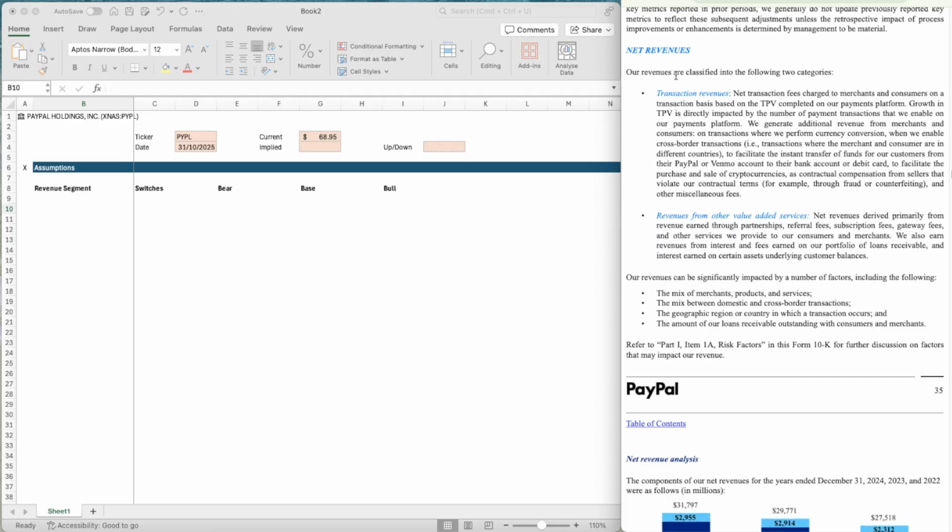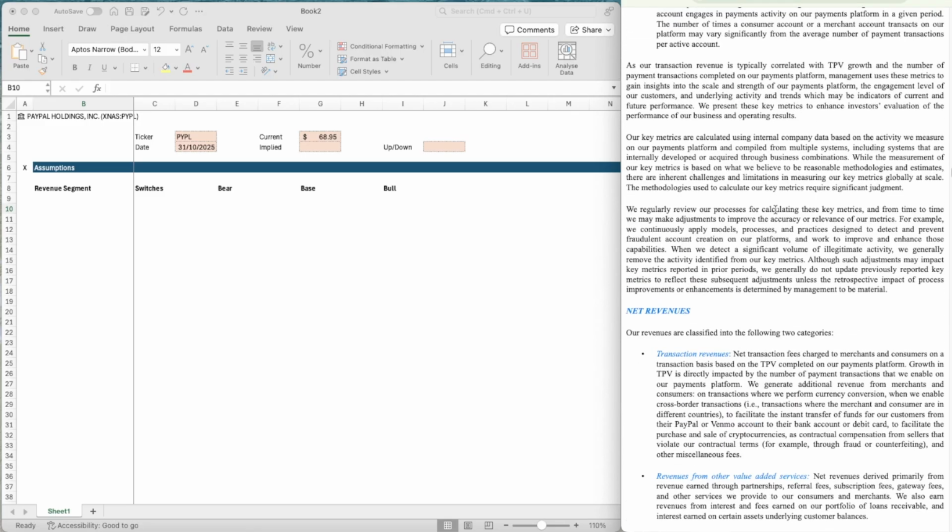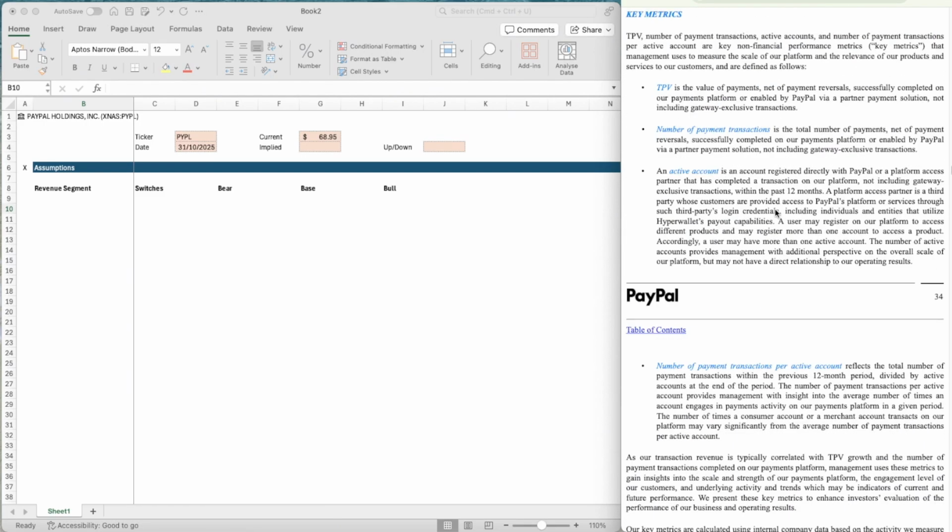So PayPal breaks down its revenues into two segments. Transaction revenues, and these are net transaction fees charged to merchants and consumers on a transaction basis based on the TPV. And let's just see what the total processing volume, I imagine.